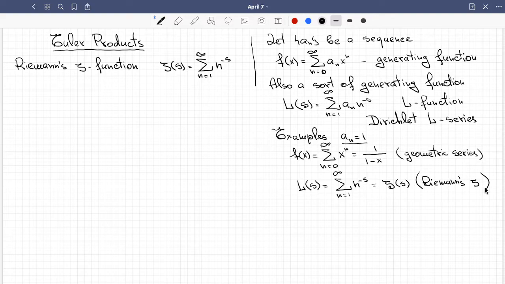So you see, with this sequence, the generating function f is very simple, and does not really produce much information about the sequence. The sequence is not very interesting, so that was not a surprise. However, even for this very simple sequence, the L function turns out to be highly non-trivial.